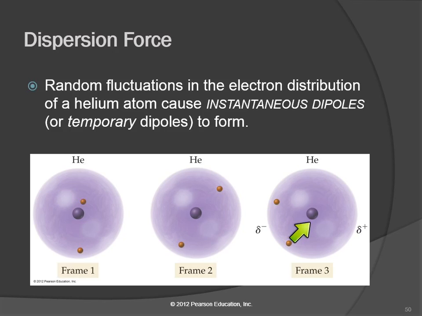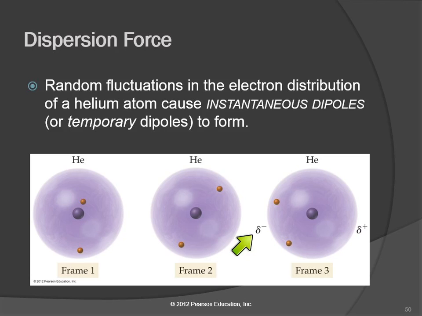So the electrons could all randomly be sitting on the couch together. This causes an imbalance in the distribution of charge. We have positive charge at the nucleus, and the electrons are the negative charge. When the electrons are on one side, that makes this side of the atom a little more negative than the other side. This funny looking letter here is a lowercase Greek delta, and we use that to stand for a partial negative charge.